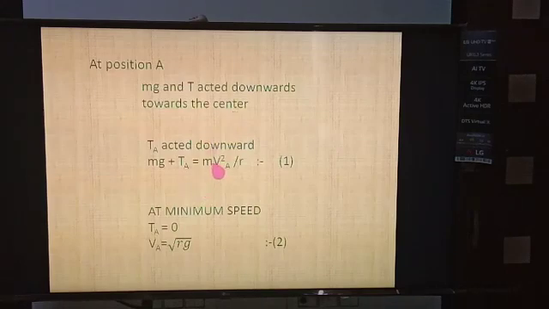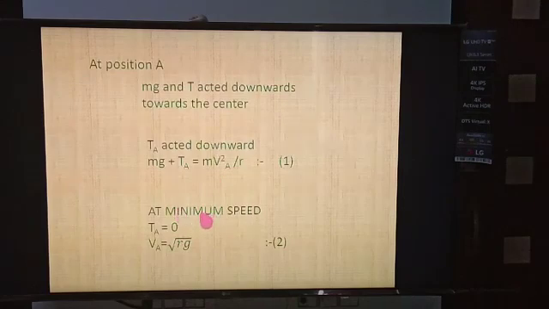If VA is the speed at the uppermost point, mg plus TA is equal to mVA square upon r, and the radius r of the circular motion is the length of the string.